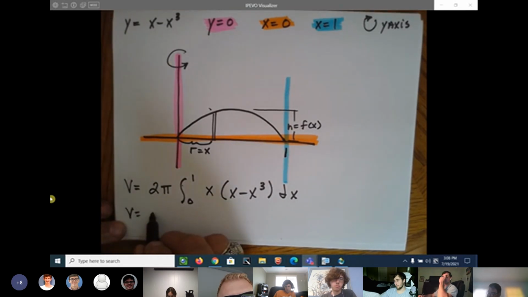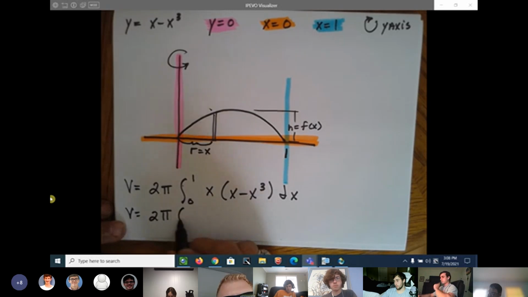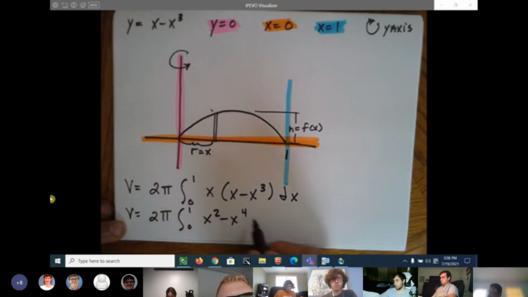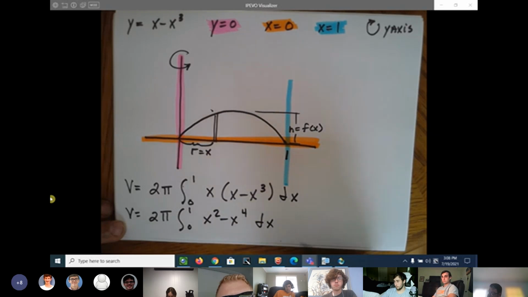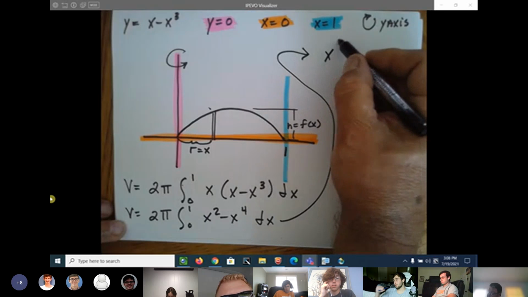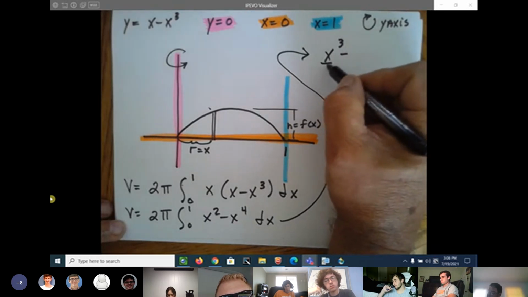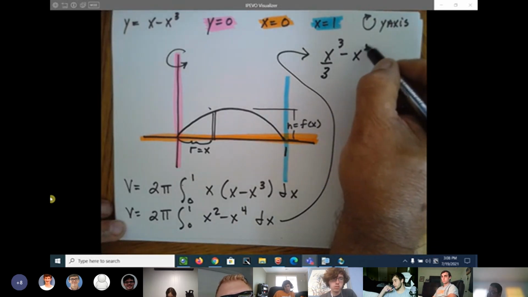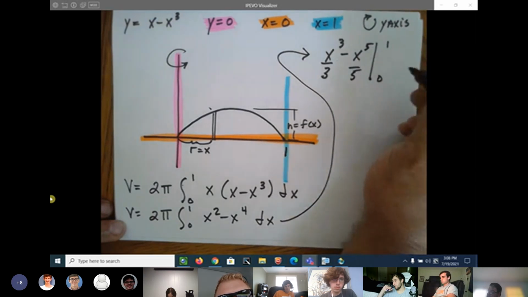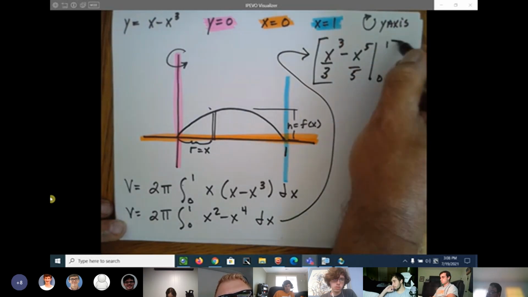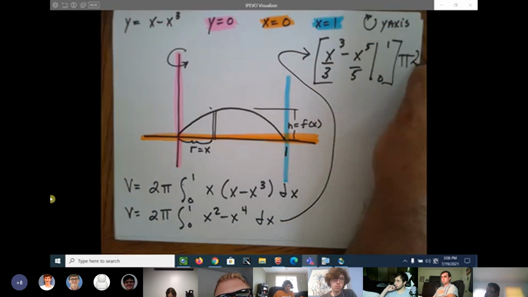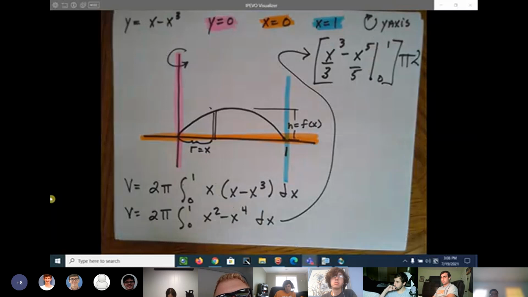So that's going to be v is equal to 2 pi integral from 0 to 1 of x squared minus x to the 4th dx. And that's going to be x cubed over 3 minus x to the 5th over 5, evaluated at 0 and 1, multiplied by 2 pi.